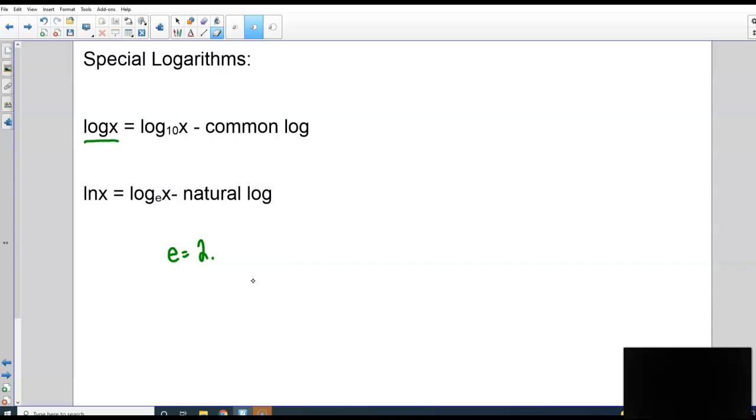And it goes on longer than that. Okay, it keeps on going. So it's like pi, it's a set number. We'll talk a little bit more later about what that is and why we use it. But those two are the special logarithms that we have to know, and we're going to see a lot. In fact, whenever you get to calculus, you pretty much only use natural logs most of the time. We don't do a lot of the other logs whenever we get there.